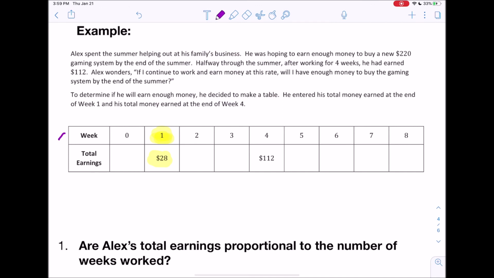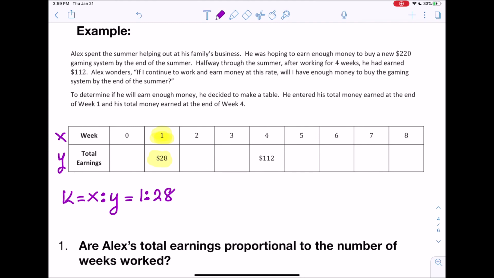Well, if this is my x and this is my y, and we know that the unit rate equals the ratio between x and y, then for every 1 x, the ratio should be 1 to 28.